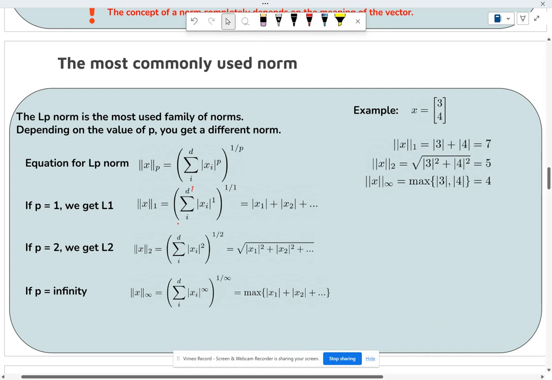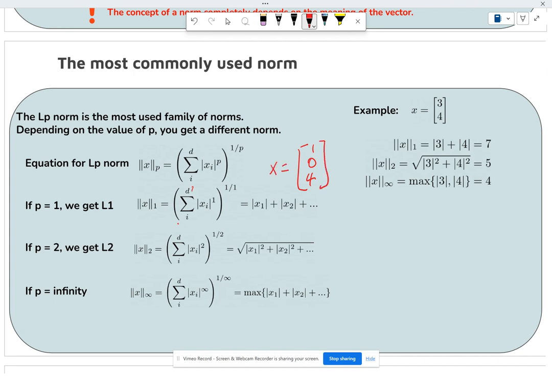L2 norm is the hypotenuse. Yeah. So let's say we again have 1, 0, 4. So x is equal to this. And now we want to find our 2 norm, right? So you sum them all up, right? So the first one will be x1 square, see?